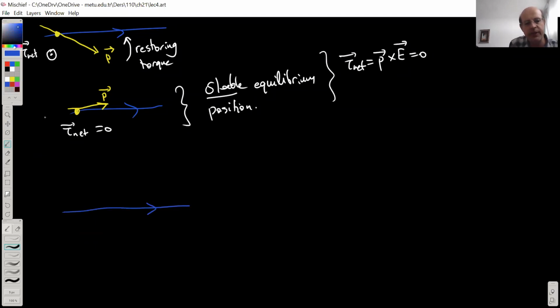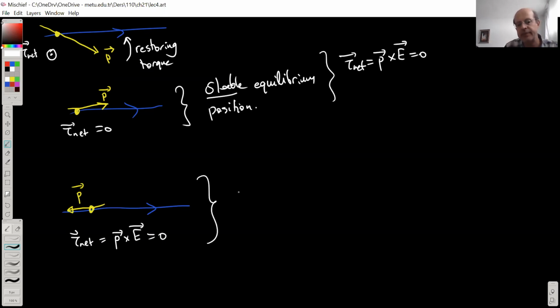On the other hand, there's this other orientation in here. Let me also draw this, in which case the dipole moment of the molecule is pointing opposite. This is also an equilibrium because the net torque is again 0. The cross product of parallel or anti-parallel vectors is always equal to 0. This is also an equilibrium position, but it is unstable.